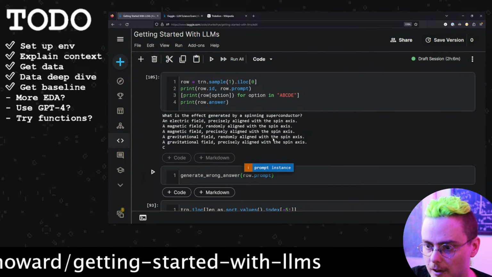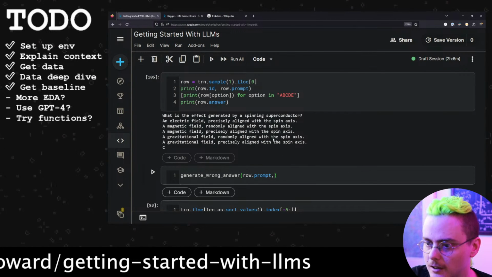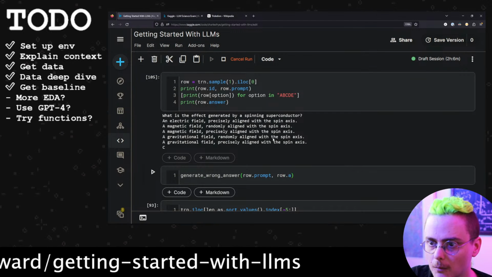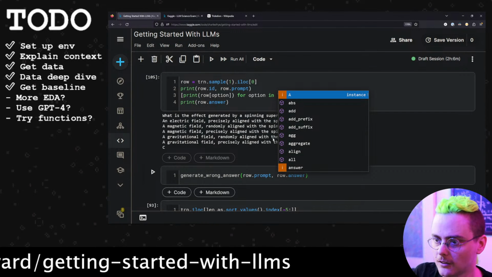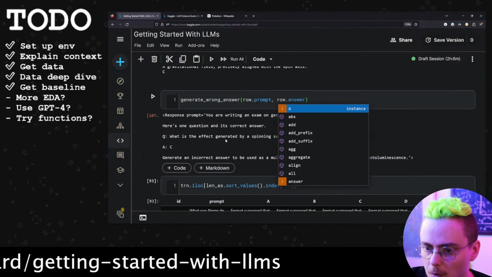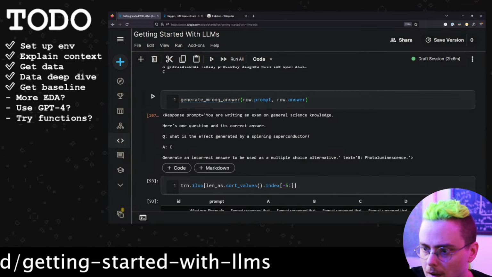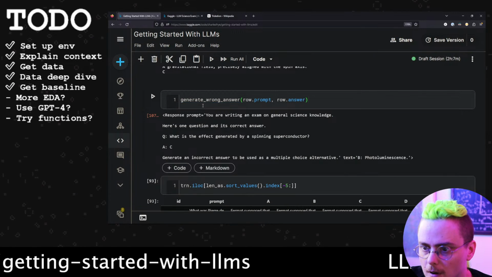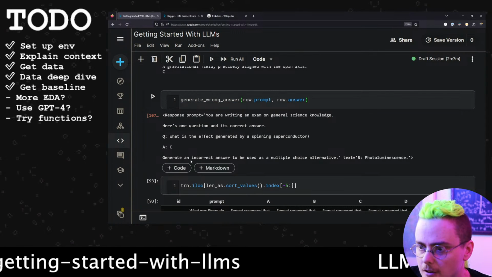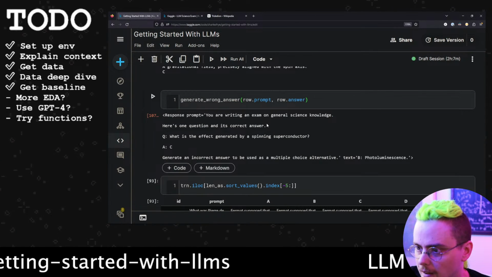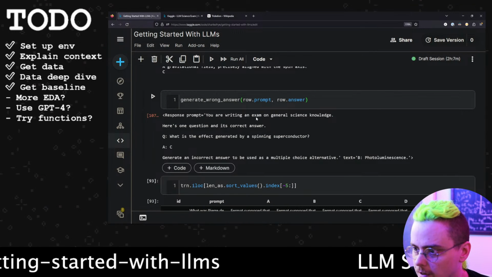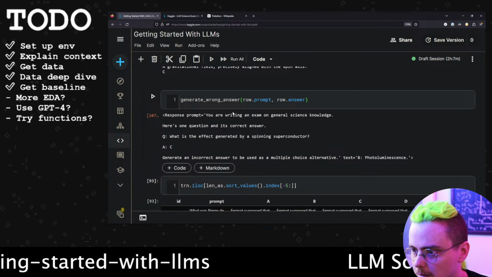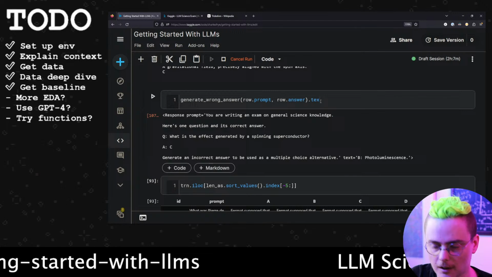But let's put in row.prompt as our question and row.answer as the answer and see if we can generate a nice wrong answer. All right, so generate an incorrect answer to be used as a multiple choice alternative. Text B photoluminescence.